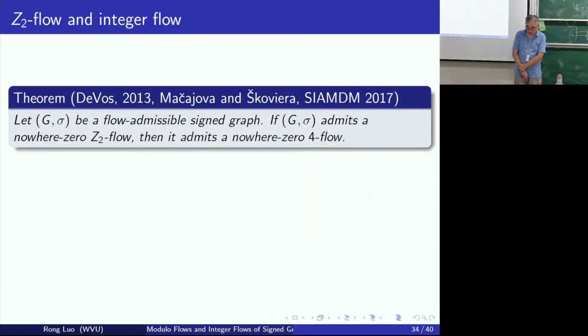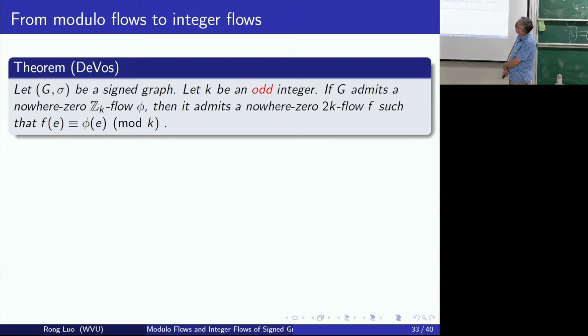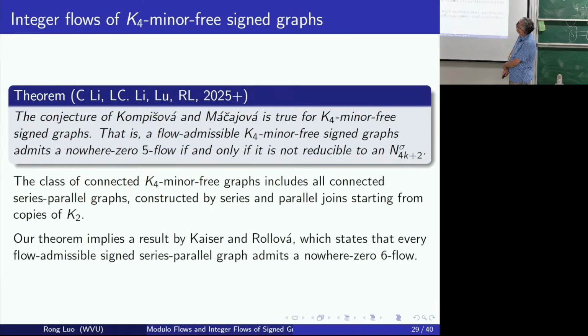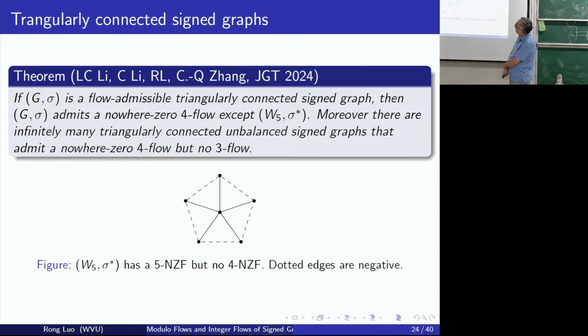For an unsigned graph, it's easy to prove that it has a nowhere-zero 3-flow. But for signed graphs, I was thinking probably the next step is to look at K5-minor-free graphs. But the problem is we don't have many tools to apply, just like for the triangular-connected graphs. For those, since we cannot use modular flows or Zk flows, we always work on integer flows.